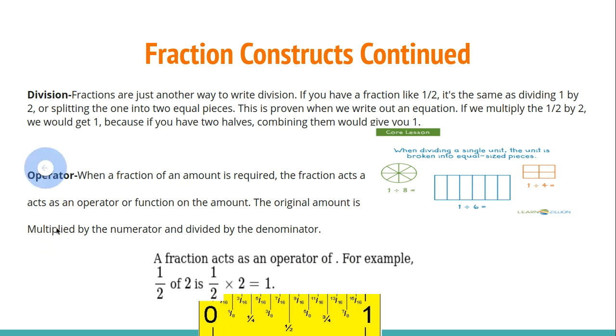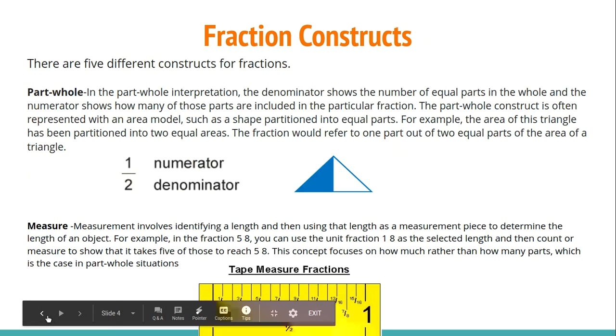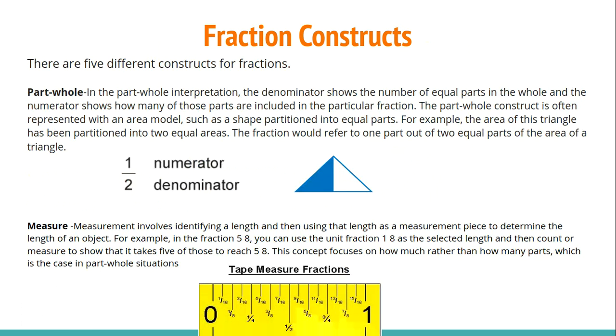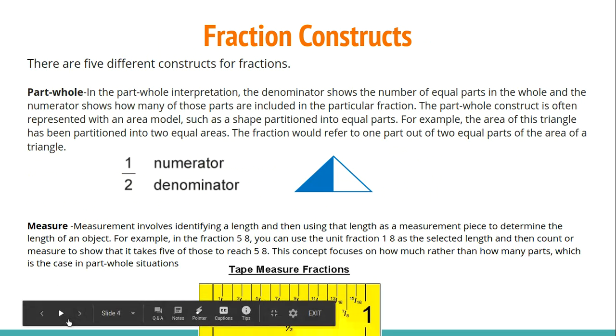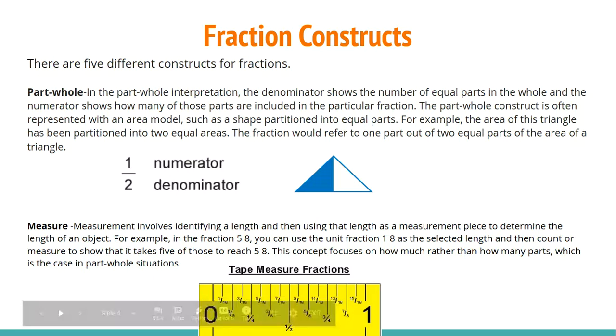Measurement involves identifying a length and then using that length as a measurement piece to determine the length of an object. For example, you have a tape measure, right? Many of us have seen tape measures and all the little lines on there, all the fractions. That helps us to measure.